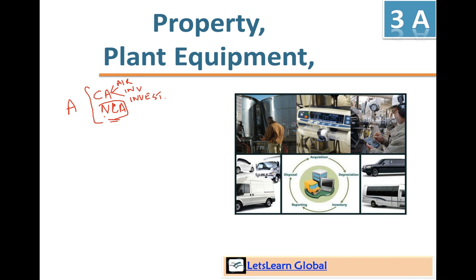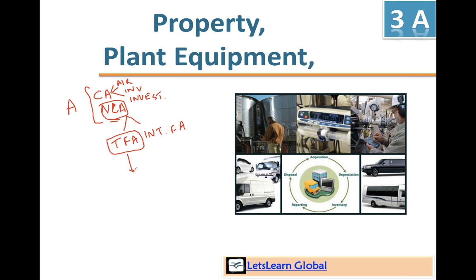fixed asset topics. The fixed assets are again classified into tangible fixed assets and intangible fixed assets. Tangible fixed asset means it has some substantial, physical capacity.